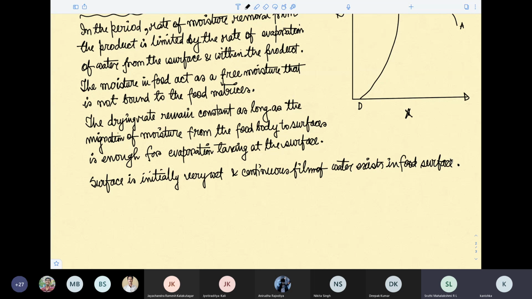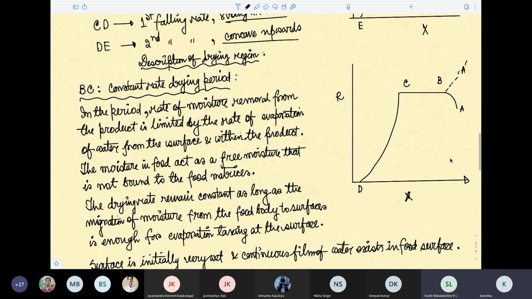In this case, the water is entirely the unbound water. So during this period, you will have the constant rate drying period.